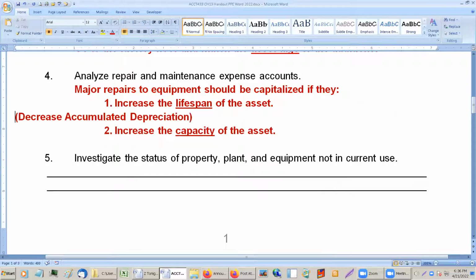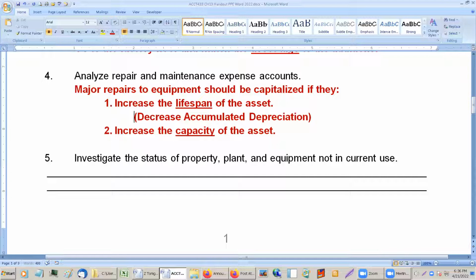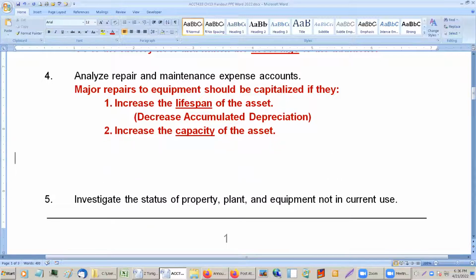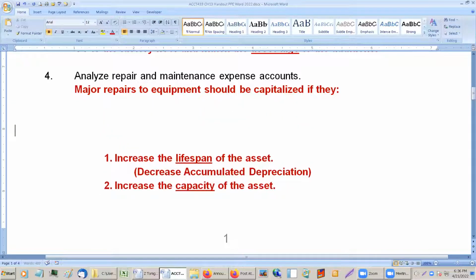I'll give you an example here, because this is one of those things that they do talk about. So for instance, let's say that we have this, and it has a cost of, let's say, 20,000.